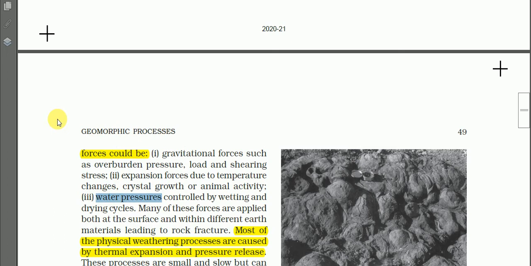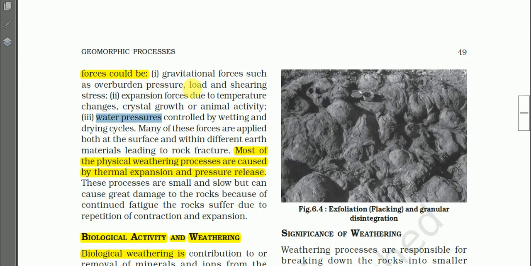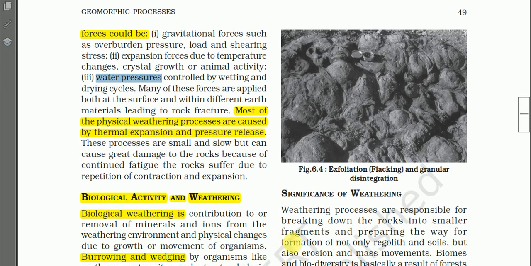Let me repeat the three forces: gravitational forces, expansion forces, and water pressures. These three forces lead to the breaking down of rocks. Now let us learn about different physical weathering processes.